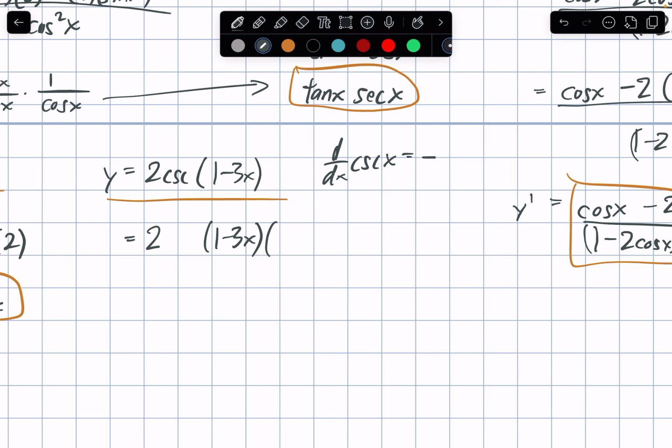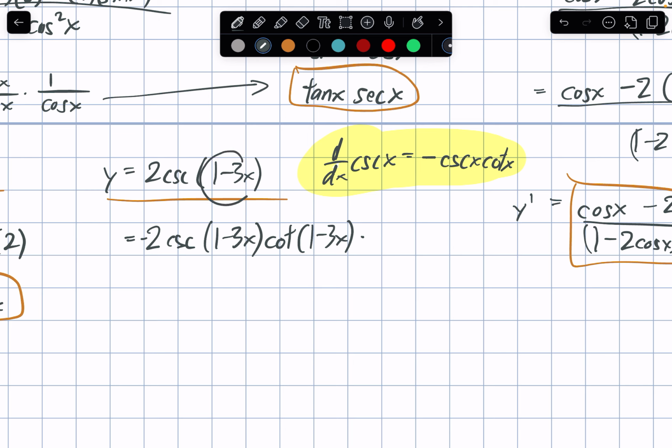Negative csc x cotangent x. I think that's the case. So, yes, we did not solve for this earlier, but you have to remember this by heart. It's very important.